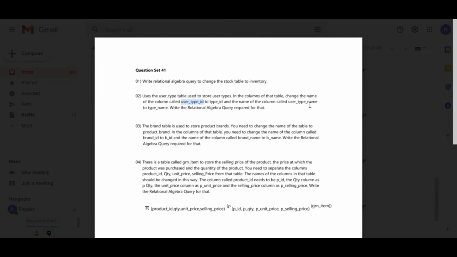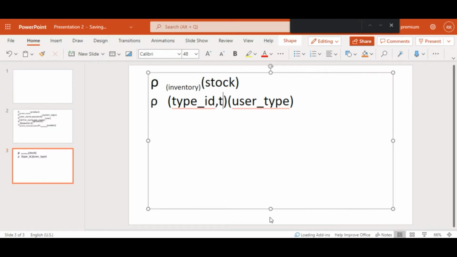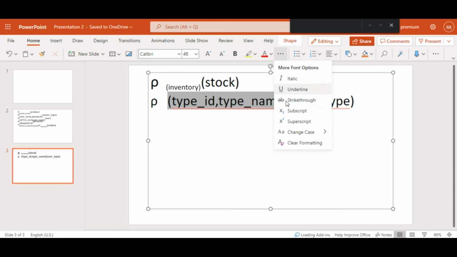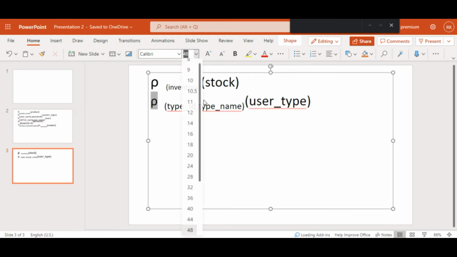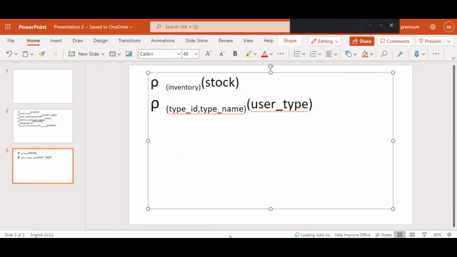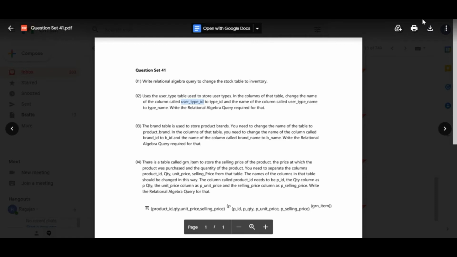We are going to rename user type name to type name, like this, type underscore name. So that's how it goes. Now we have to do some little adjustments. Yeah, so this is basically the answer for question 2. We can move on to question 3.